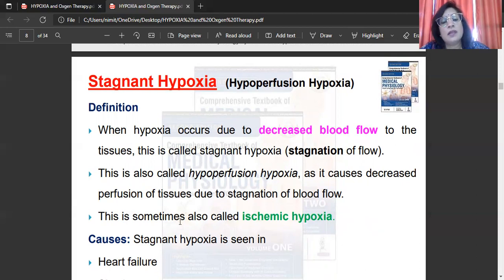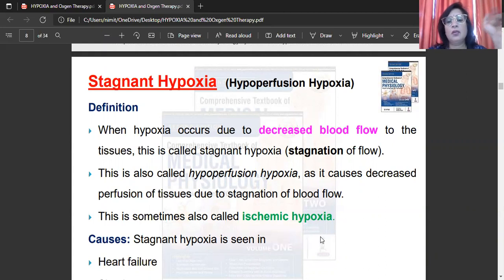This is also sometimes called ischemic hypoxia. So we have studied these names: stagnant hypoxia, hypoperfusion hypoxia, and sometimes also ischemic hypoxia.